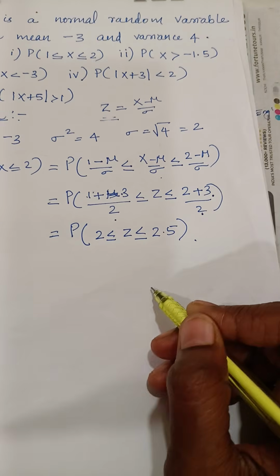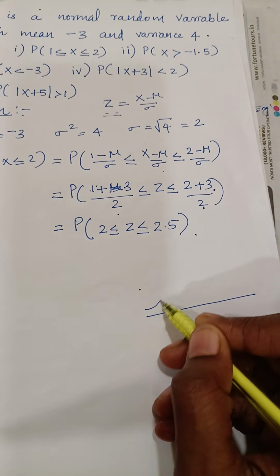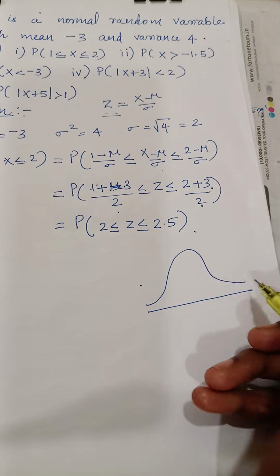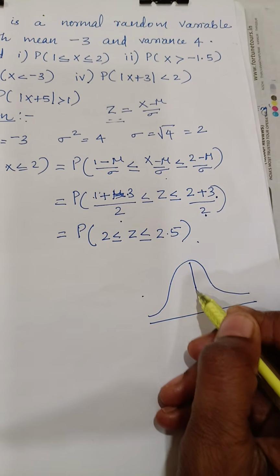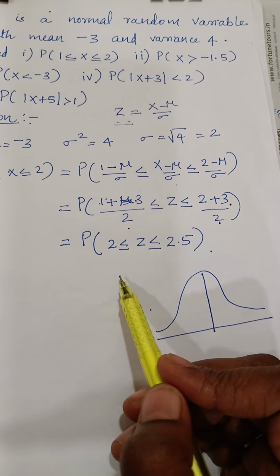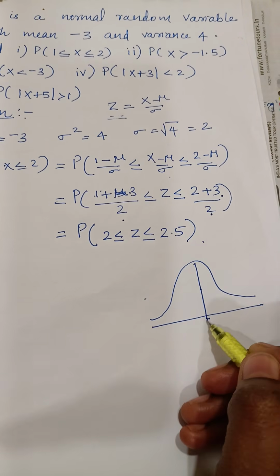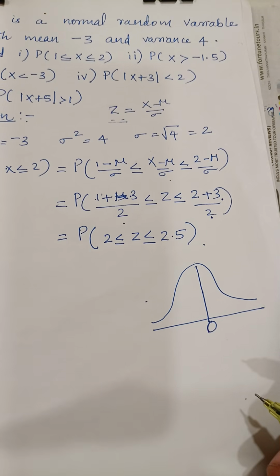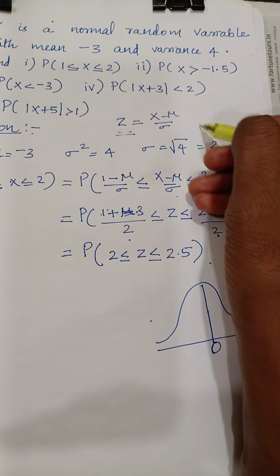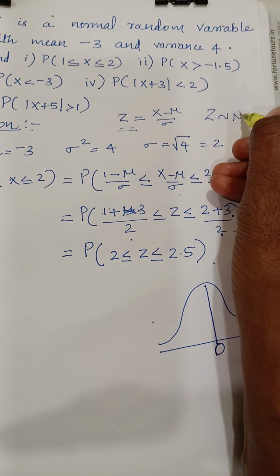Now, our normal curve is symmetric about its mean. Now we are having standard normal distribution, so the standard normal curve will be symmetric about its mean. So its mean is what? 0. We have already seen that z follows normal 0, 1.